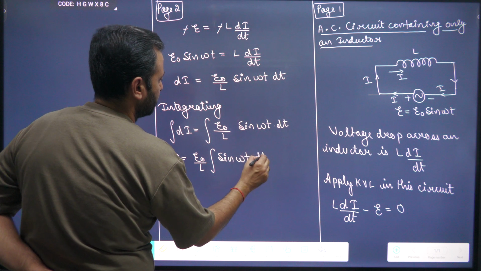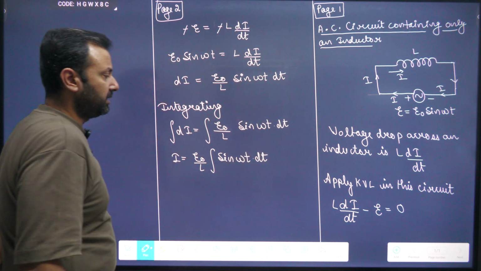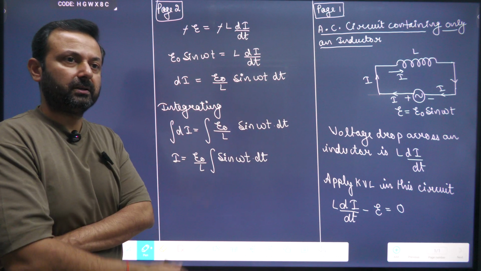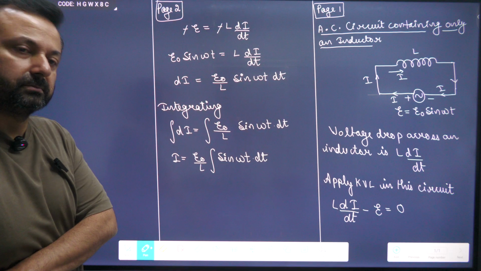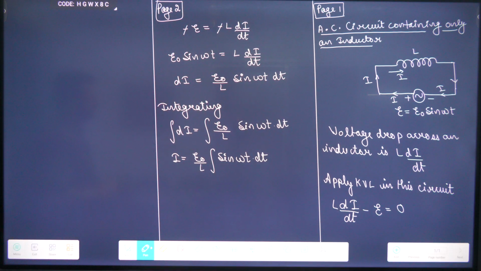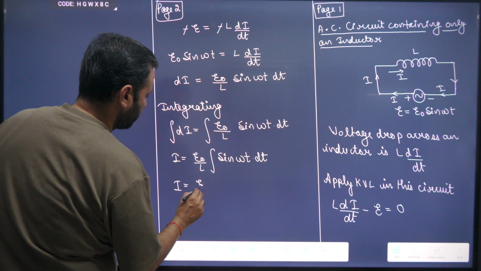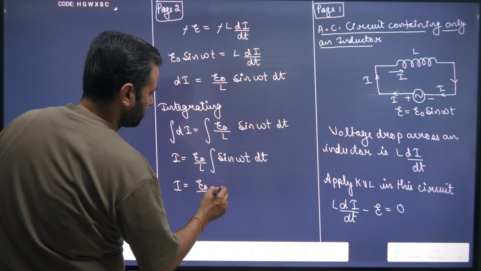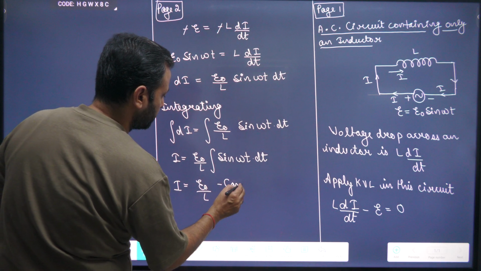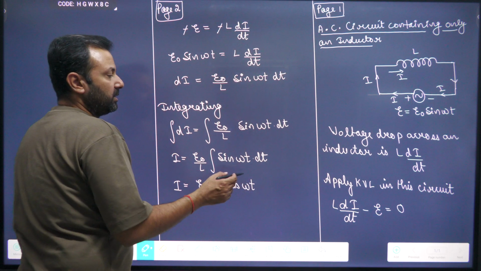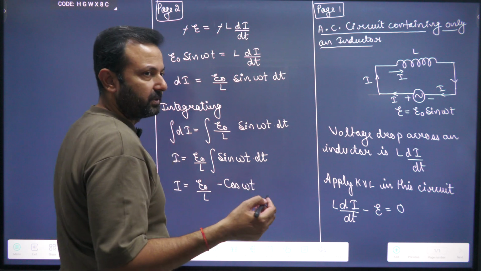Now if I integrate this sine omega t, then integration of sine theta is minus cos theta. So I is equal to E naught upon L, and sine omega t integrates to minus cos omega t, because the variable here is t, so we are integrating with respect to t.